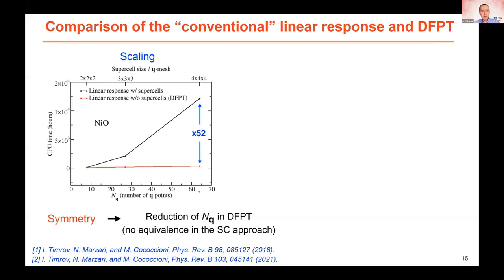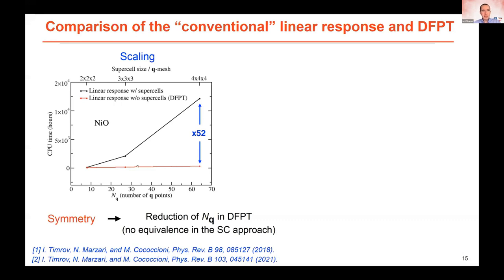And on the x-axis, we have the size of the q-point grid, which corresponds to the size of the supercell. If you use a 2 by 2 by 2 supercell, this means you need to use a primitive cell with a 2 by 2 by 2 q-point grid. If instead you use a 4 by 4 by 4 supercell, you need to use a primitive cell with a 4 by 4 by 4 q grid. So it's really a one-to-one correspondence.